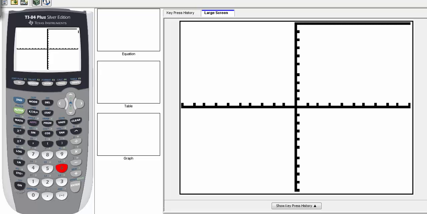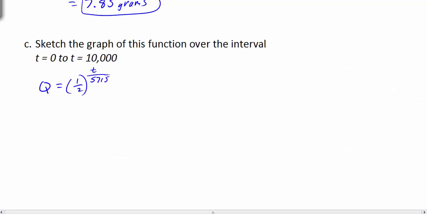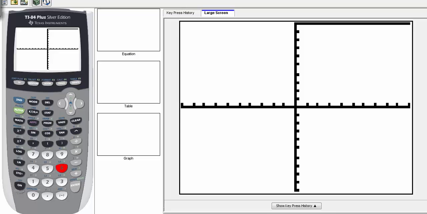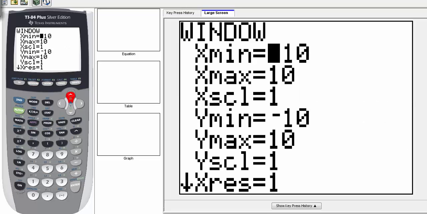We can see part of the graph here at the top, and we realize that this graph is way off. If we think about this, it says sketch the graph over the interval from t is 0 to 10,000. Well, t is representing our x, so if we go to the window, we want our x minimum to be 0, and we want the x max to be 10,000. Now, what do we have to make our y value?